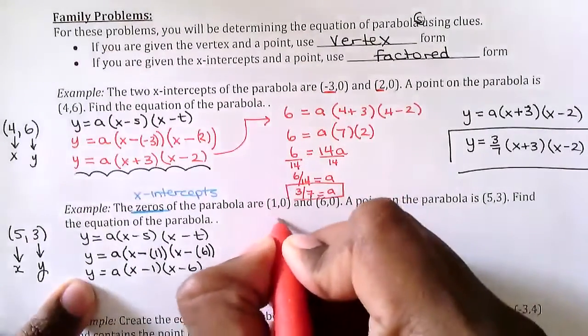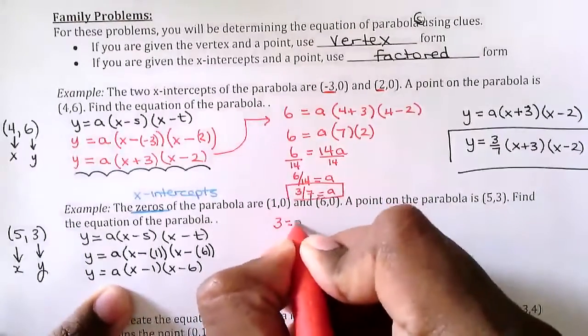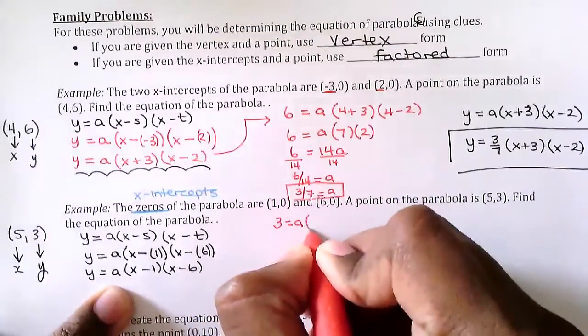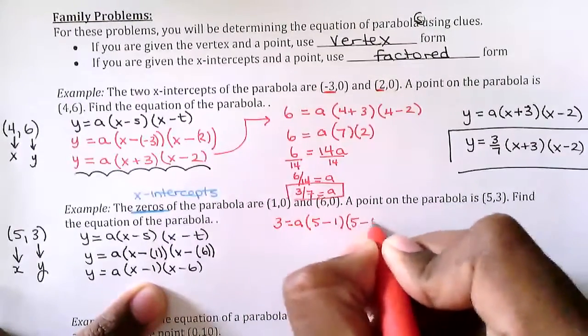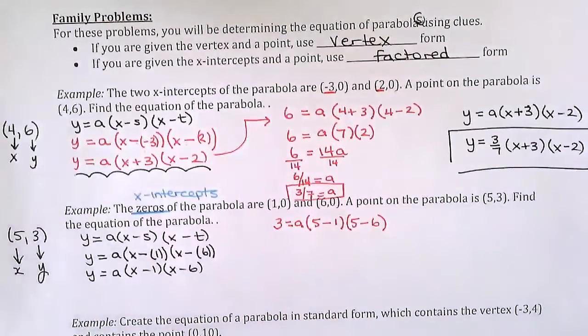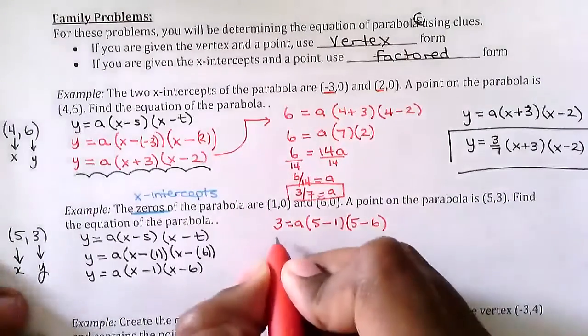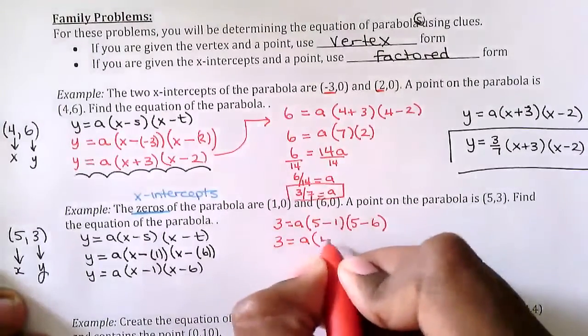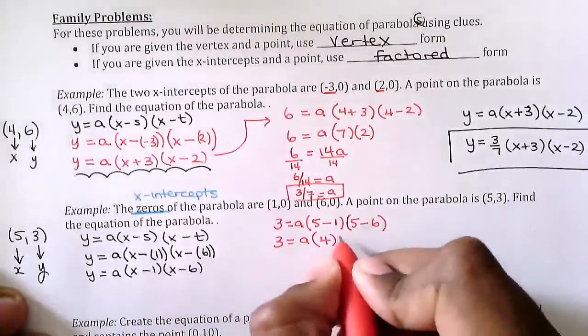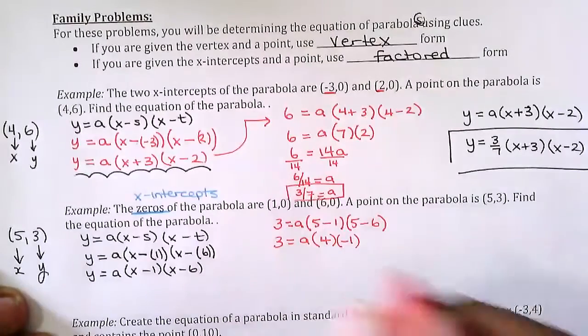So y is 3, which is equal to a. I now know my x, which is 5, so 5 minus 1, and here 5 minus 6. Again, I can simplify. So here, 5 minus 1 gives me a 4, and 5 minus 6 gives me a -1.